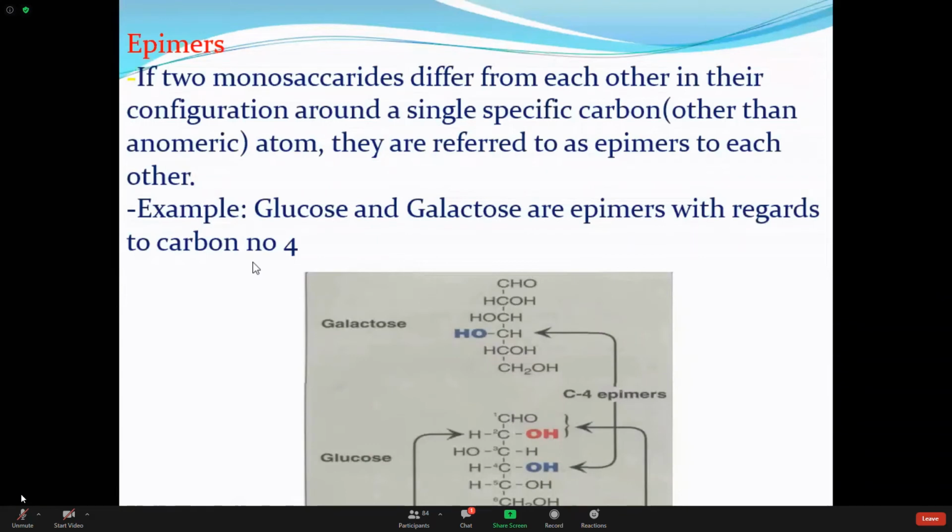They are not epimers with regard to carbon number 1, 2, 3, 5 or 6, but they are epimers with regard to carbon number 4. Am I clear?